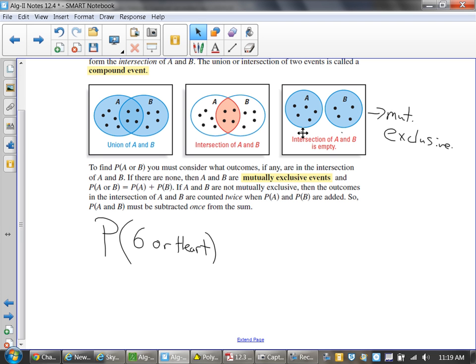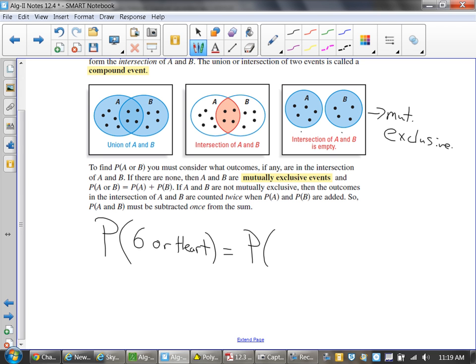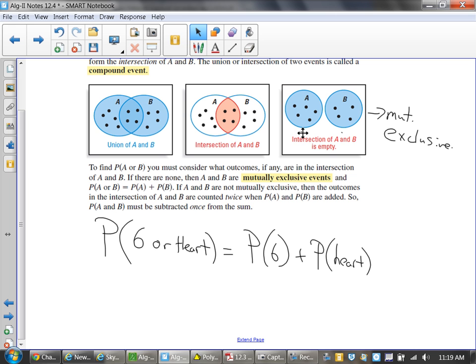Do they have an overlap? Yes, they share the 6 of hearts. So right now I'm looking at the probability of getting a 6 plus the probability of getting a heart. But since there's something that is shared, what do you have to do?